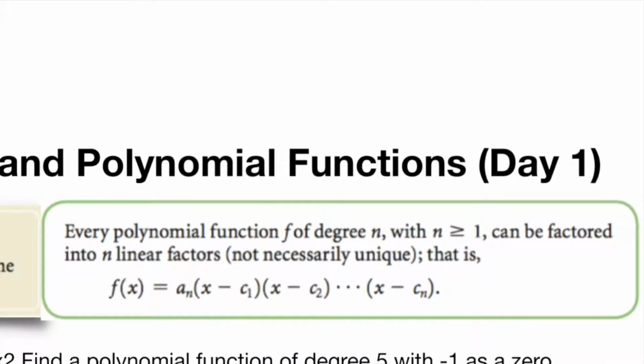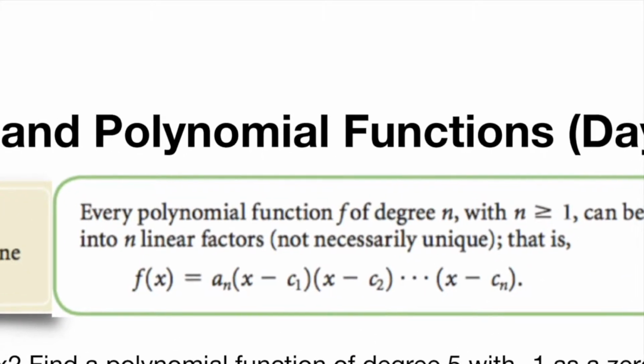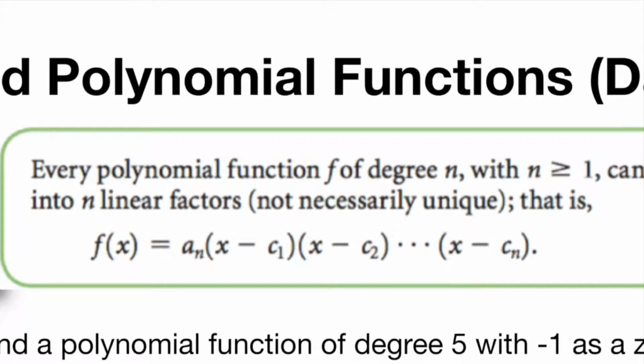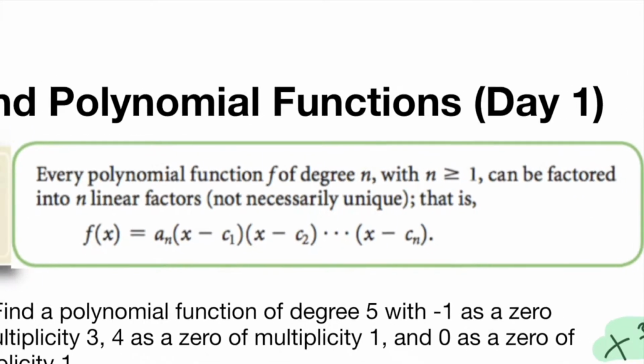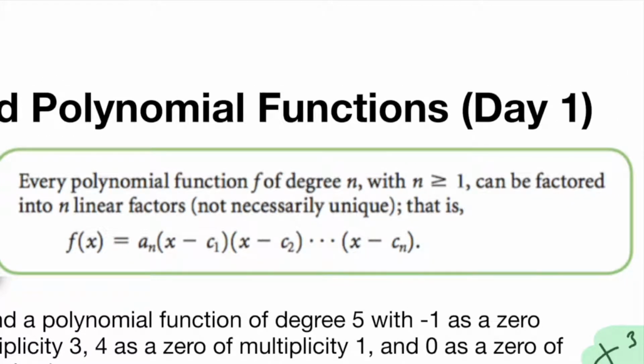A corollary of that, or as a result of that, you can say that every polynomial function of degree n with n greater than or equal to 1, remember if n is 2, it's a quadratic function, can be factored into n linear factors, which are not necessarily unique, like you could have multiplicities going on here.